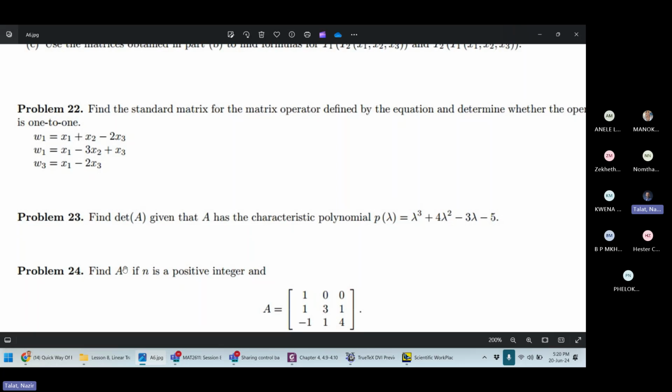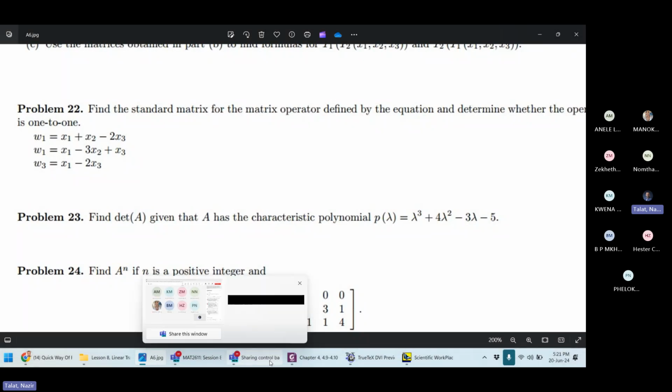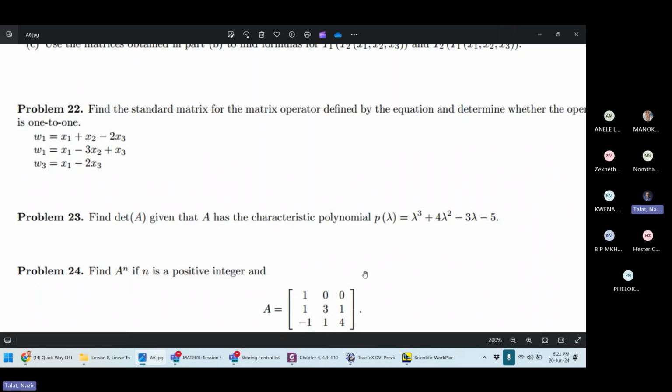When you take n equal to 2, it will give the square. When you put n equal to 3, it gives the cube. You just need to express it in a general formula. There are various ways to obtain that. The simple way is to compute A squared, A cubed, A to the 4, and see the behavior. Others are available in the textbook to find A power n for any value of n.